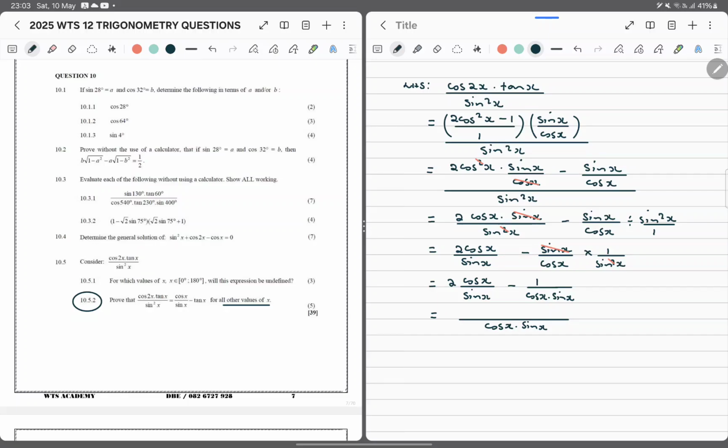Hey, let's leave it. So this one is going to be 2 cos squared x. This question is starting to irritate me now. Minus 1. Yeah, this one is flip-flopping, Moss.